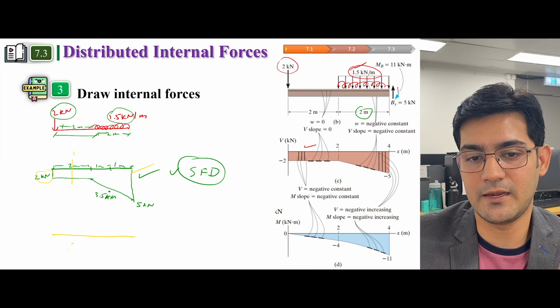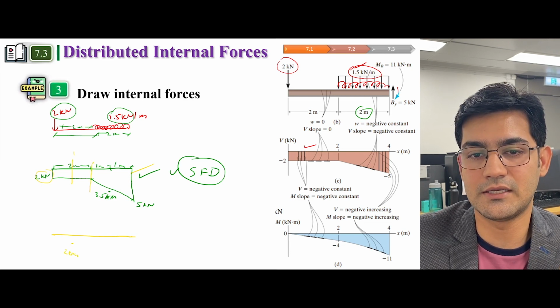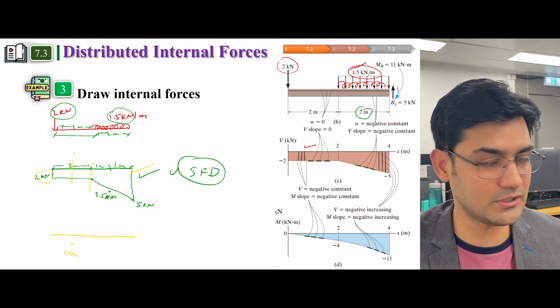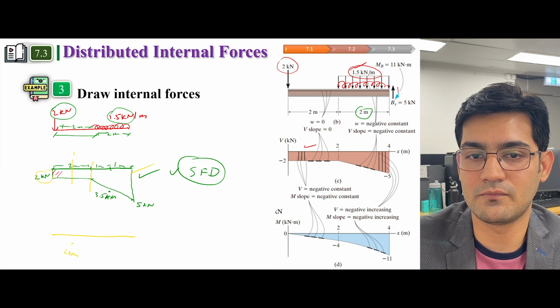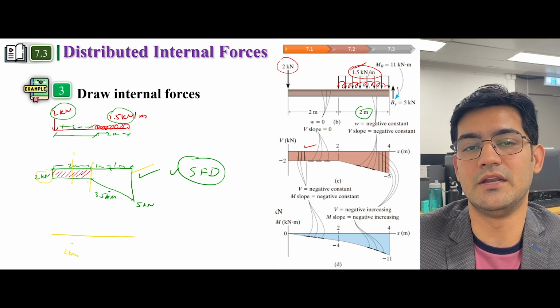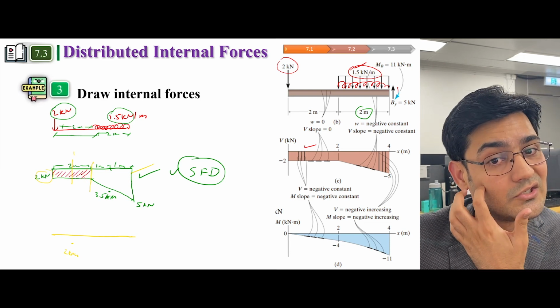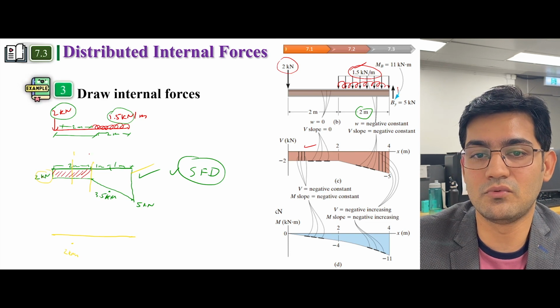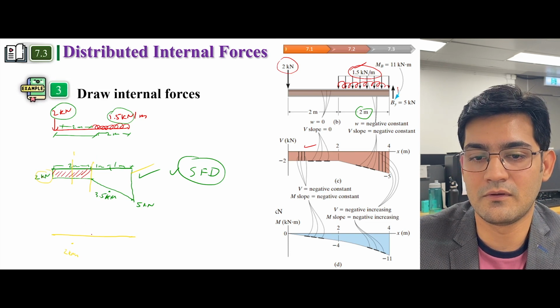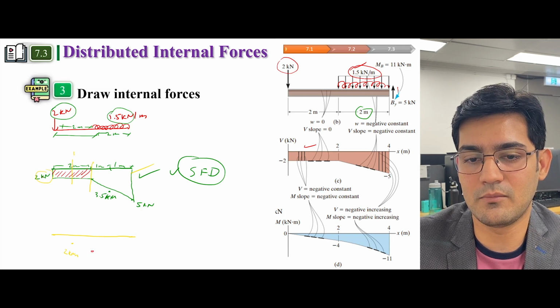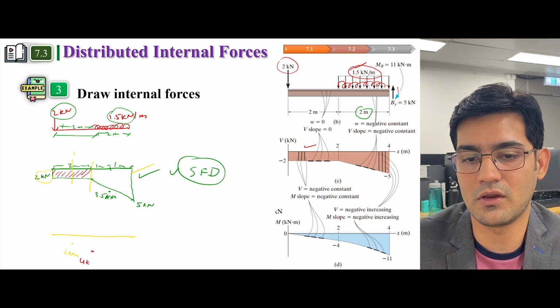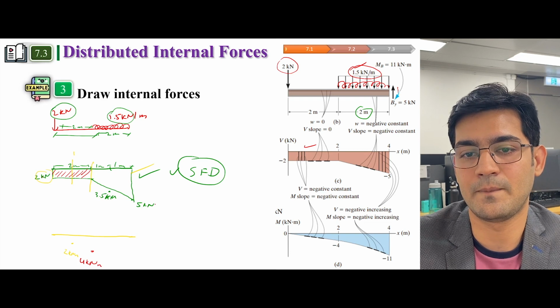So you have a 2 kilonewton meter. If we talk about this, I'm going to change the color. Here you just have to take the integral, which is also the area under the curve, which is 2 multiplied by 2, 4. So here you have a bending moment of 4 kilonewton meter.